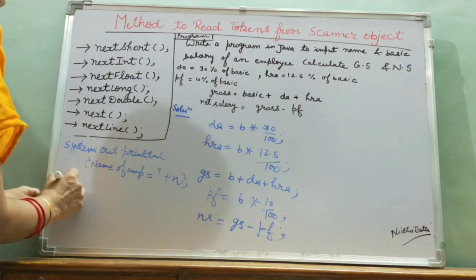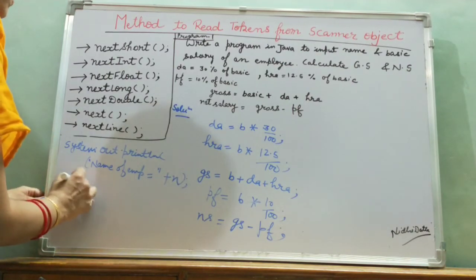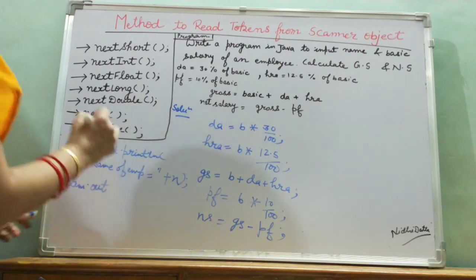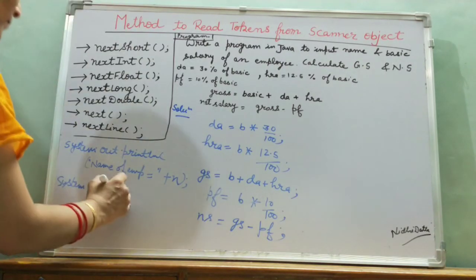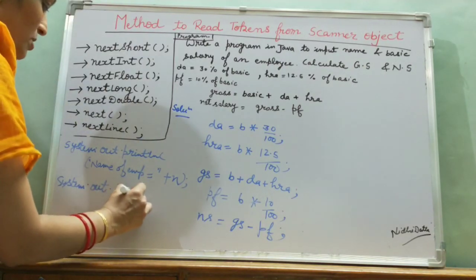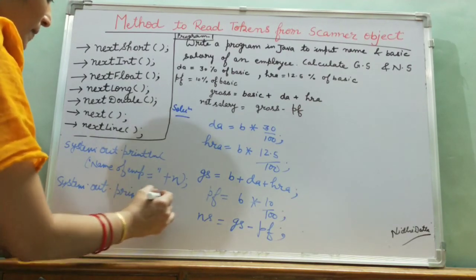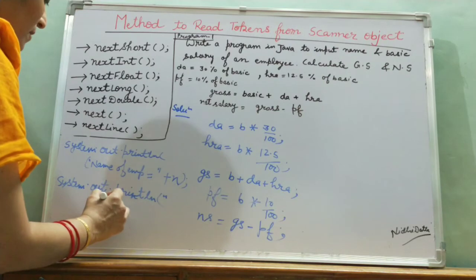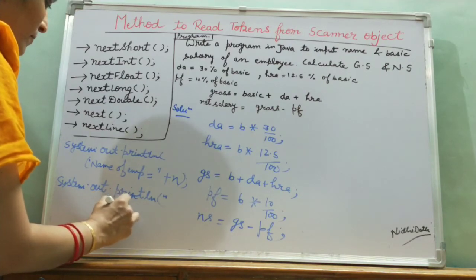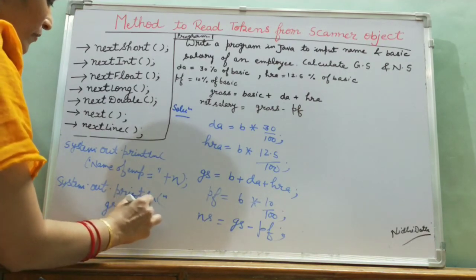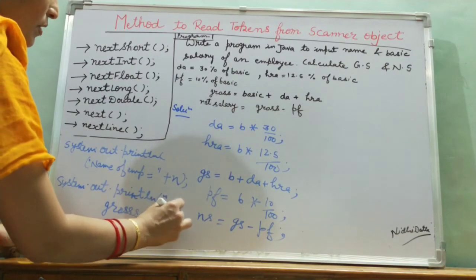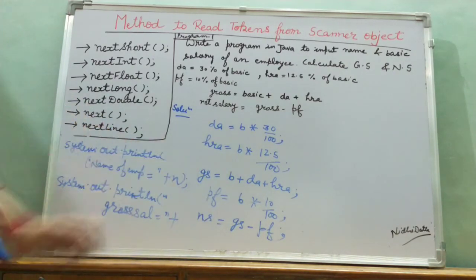In the same way, System.out.println, then gross salary is equal to, plus gross salary stored in the GS variable.